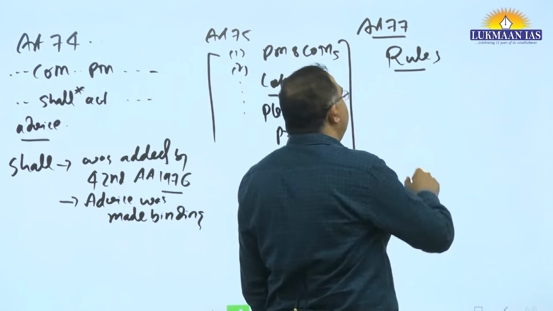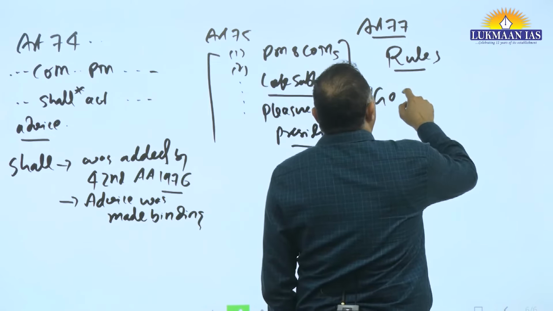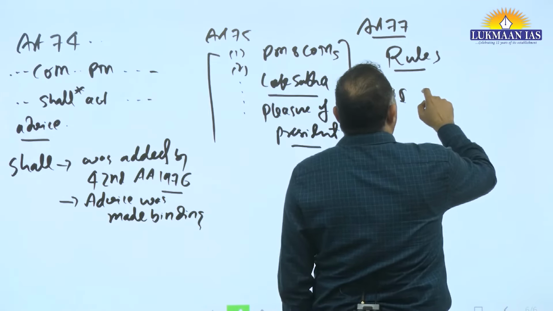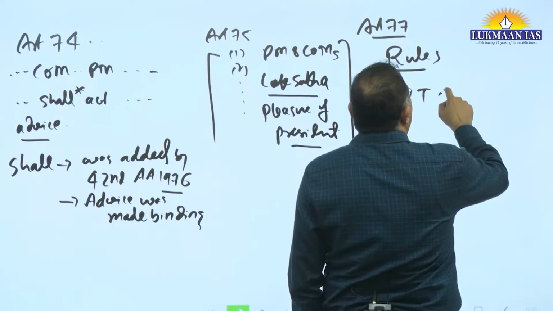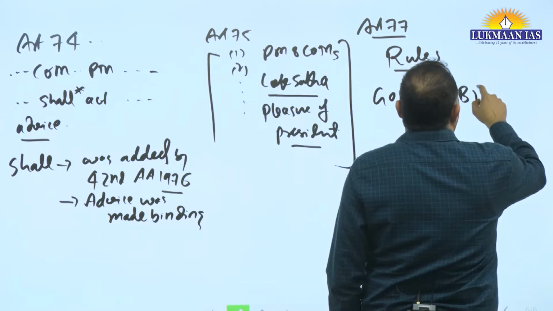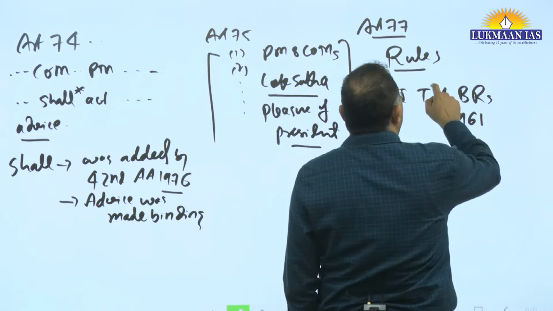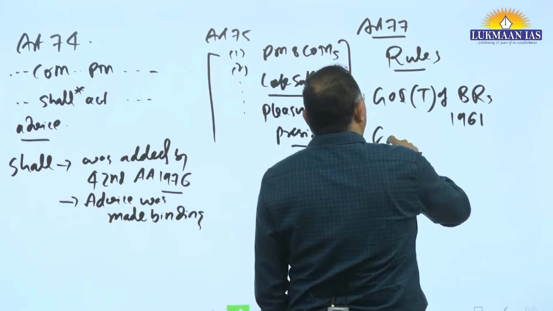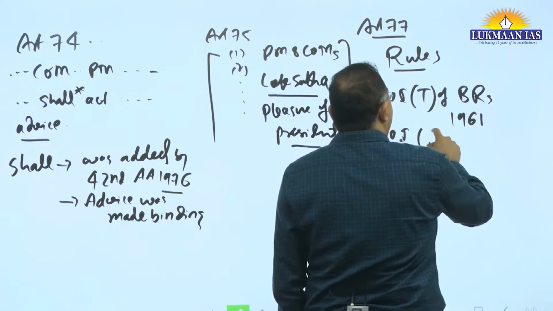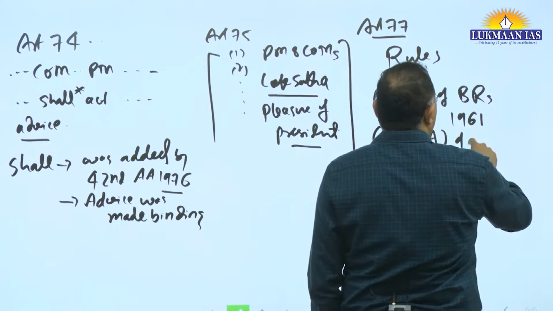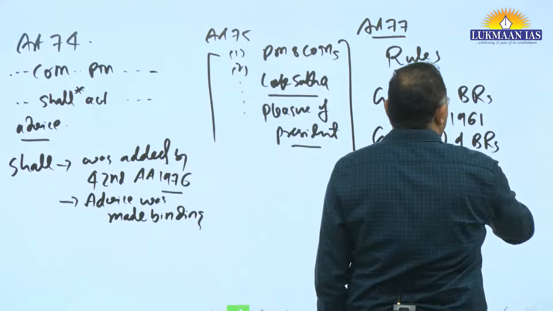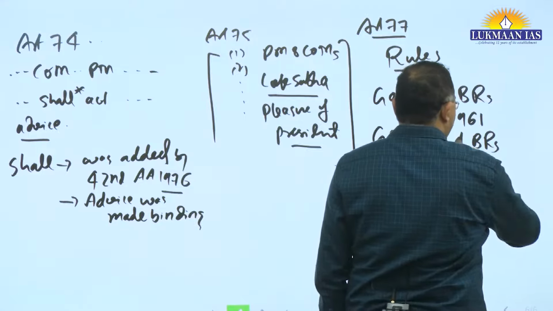Hence, the government has brought the Government of India Transaction of Business Rules, 1961, and the Government of India Allocation of Business Rules, 1961.